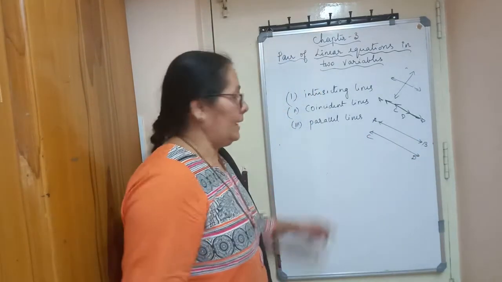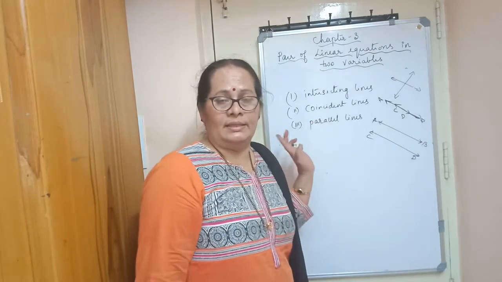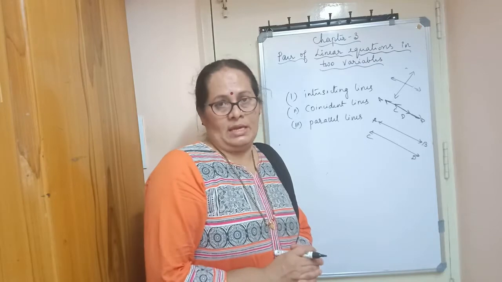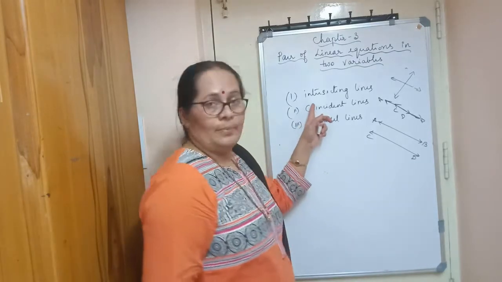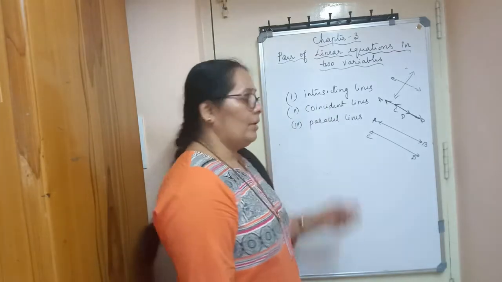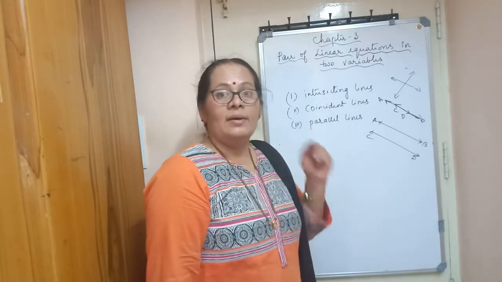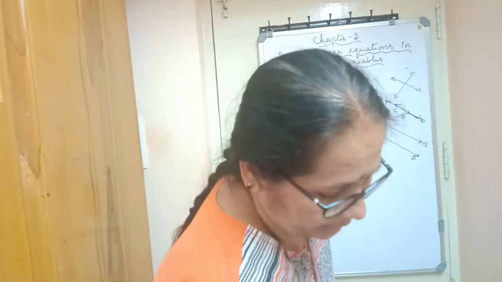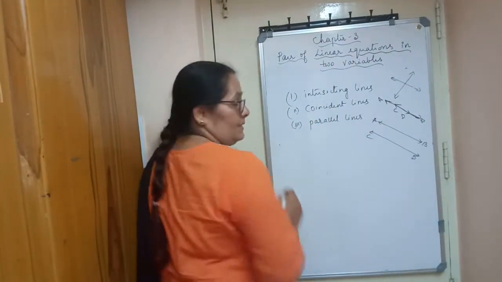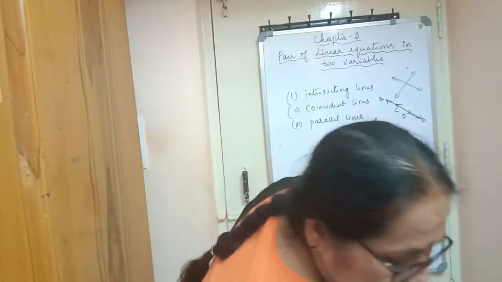So AB is parallel to CD. Any one of the possibilities, if you plot a graph for this pair of linear equations, that is either you will get intersecting lines or coincident lines or parallel lines. Now, let us take some examples.